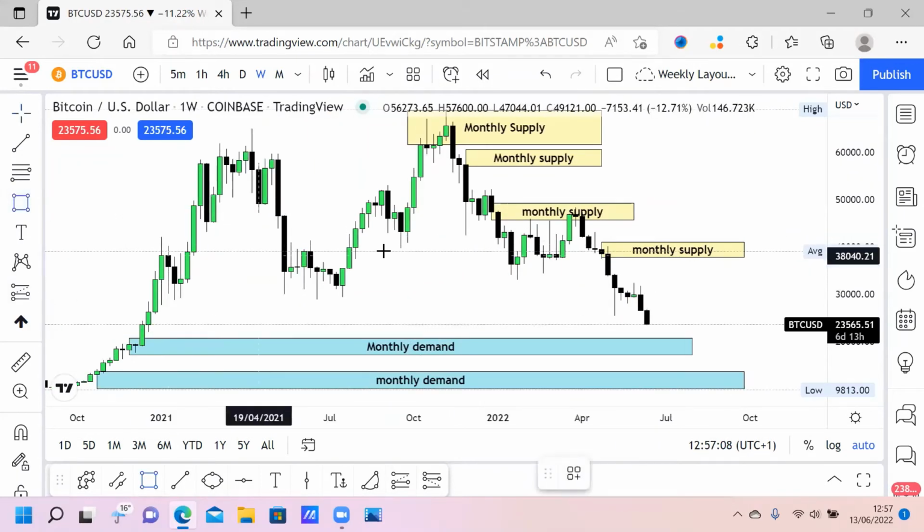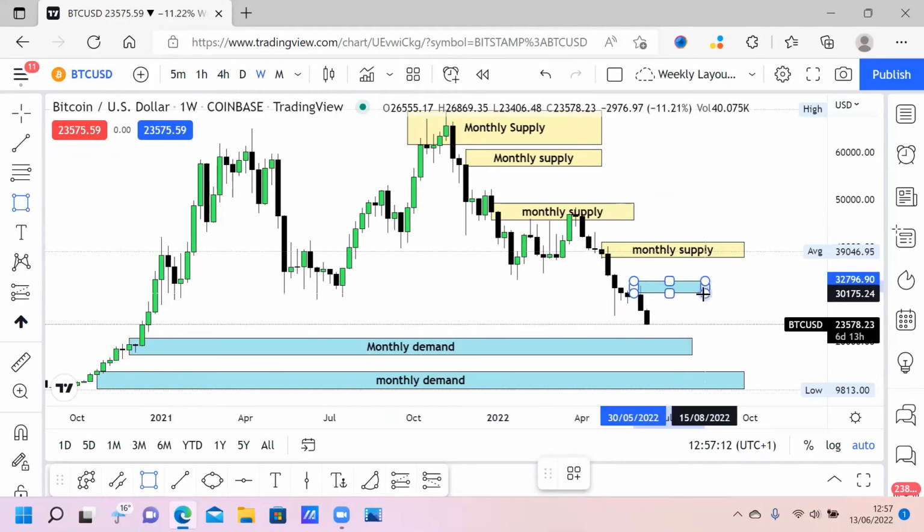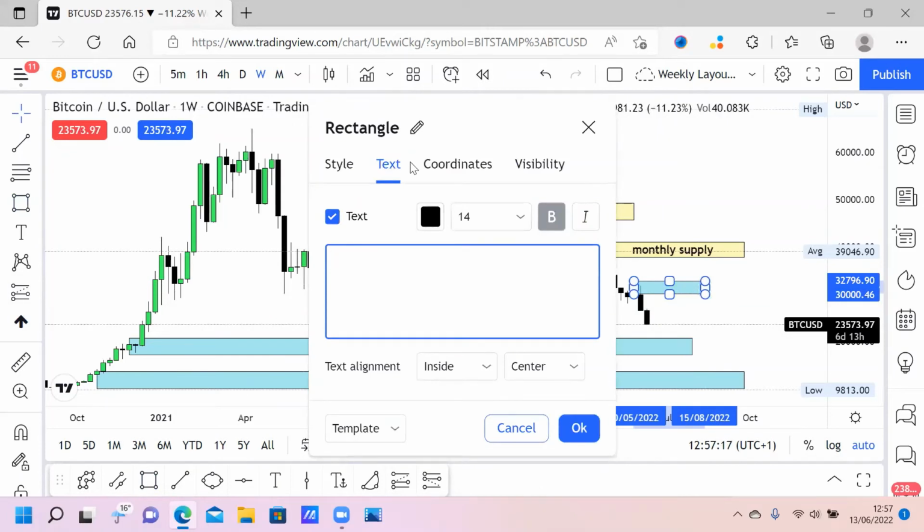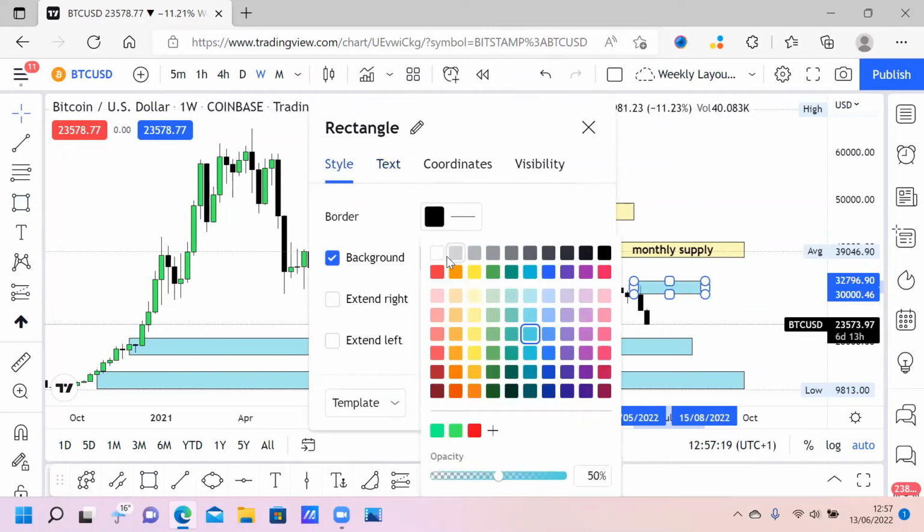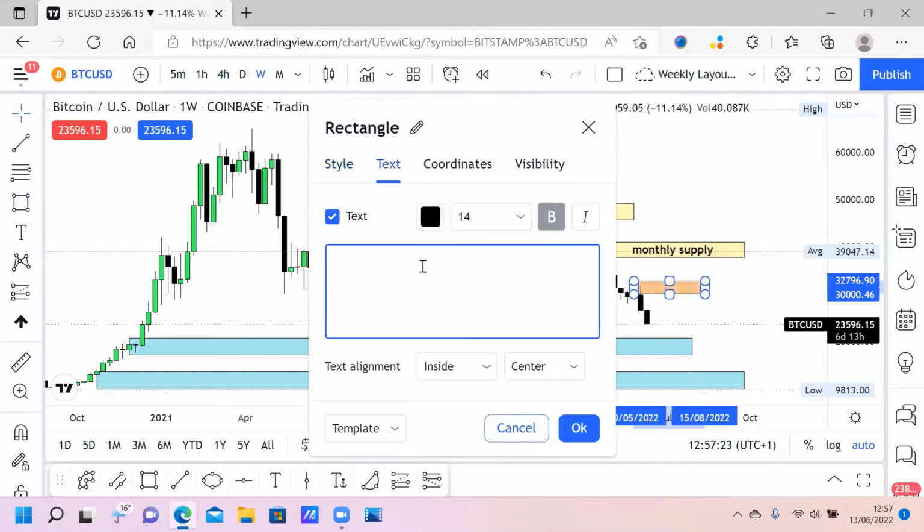On the supply area on the weekly, we've got some wicks here. We'll change that back to a yellowish color, but a bit different so that you don't get confused, and put here weekly supply.